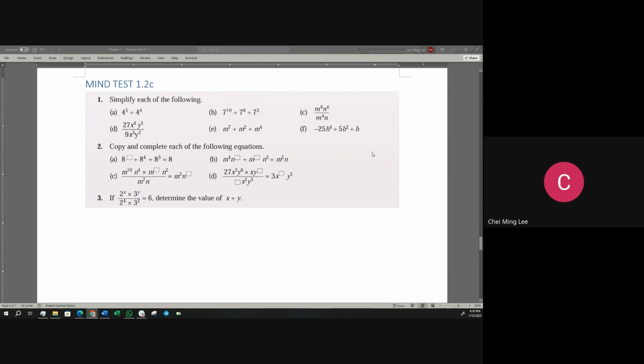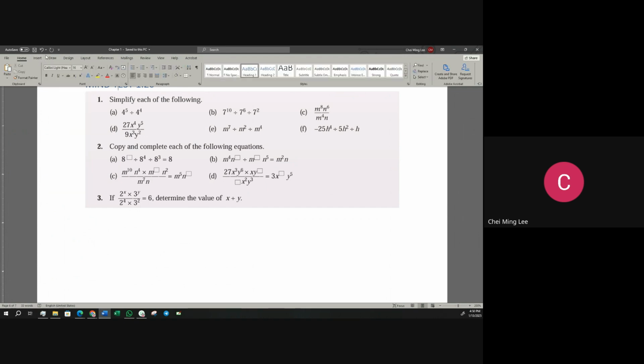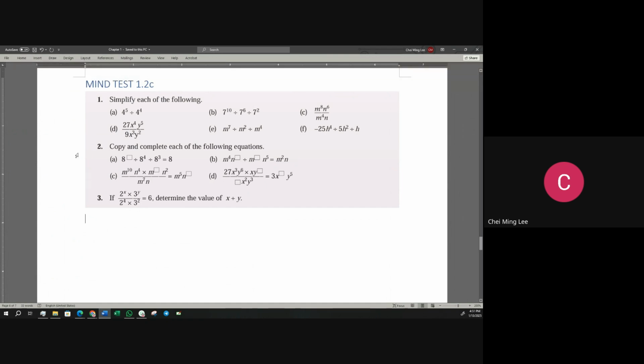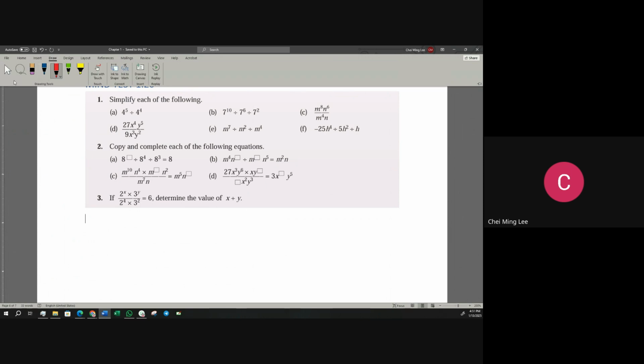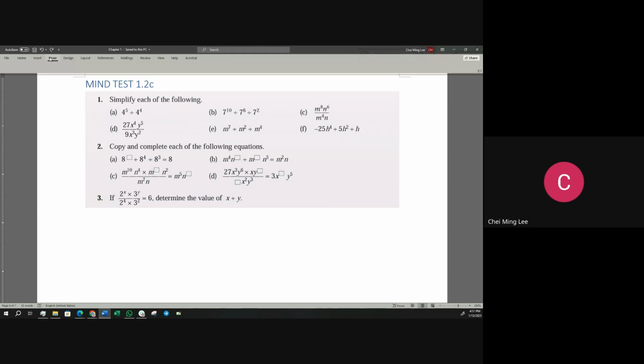Simplify each of the following. Okay, now for this one, first, oh yeah, I did it wrongly. Wait.